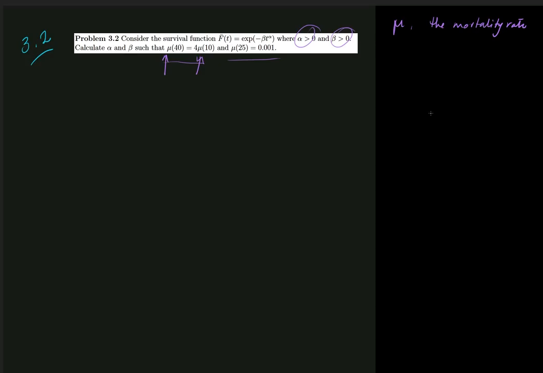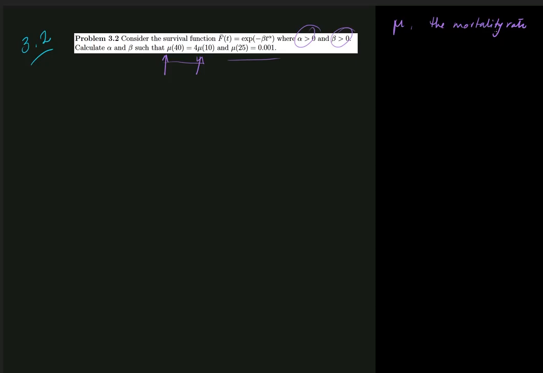Mu, the mortality rate, is the intensity of imminent death at time t, given survival up until time t. So what do we have here? We want to find alpha and beta such that the mortality rate satisfies two equations given the survival function.